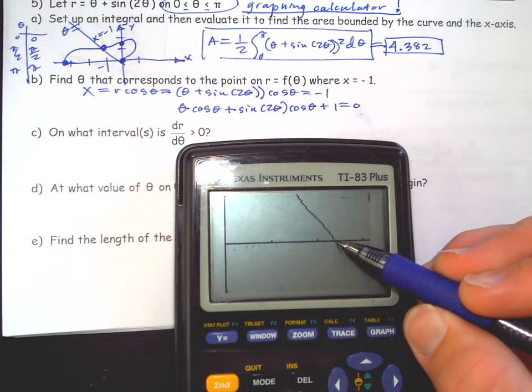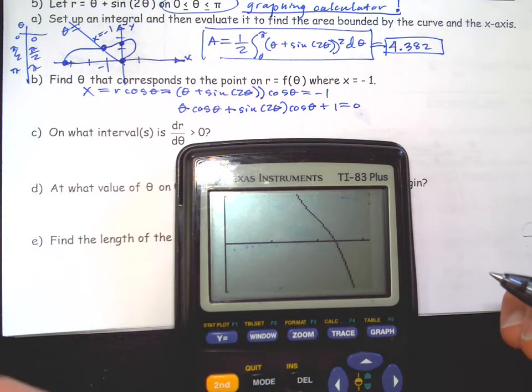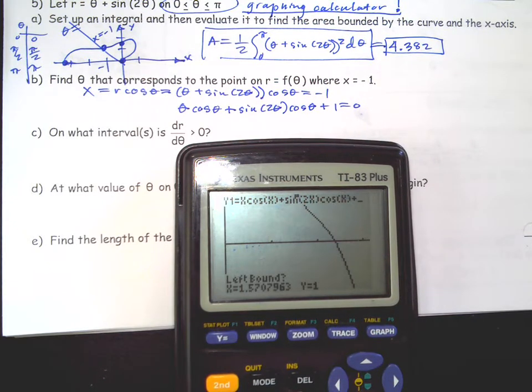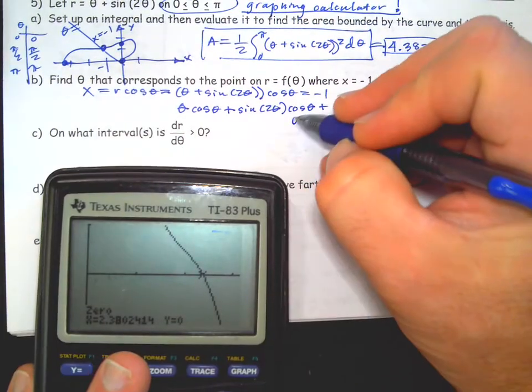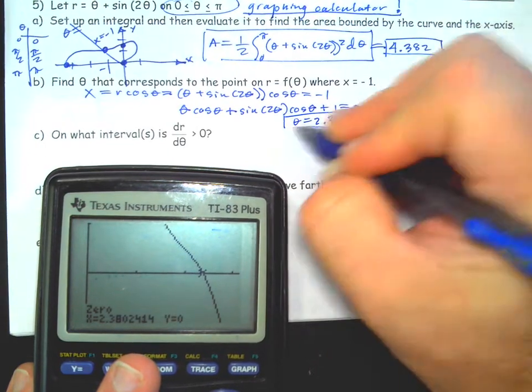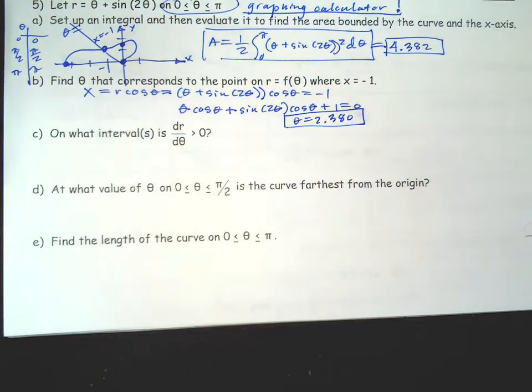So there it is. Definitely second quadrant, which my picture shows me. Second calc, zero. It's between 2 and 3. Guess 2.5. It is 2.380. There you go. All right.